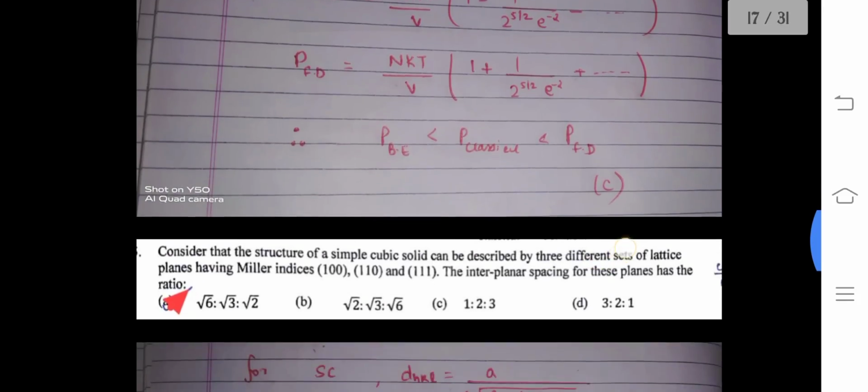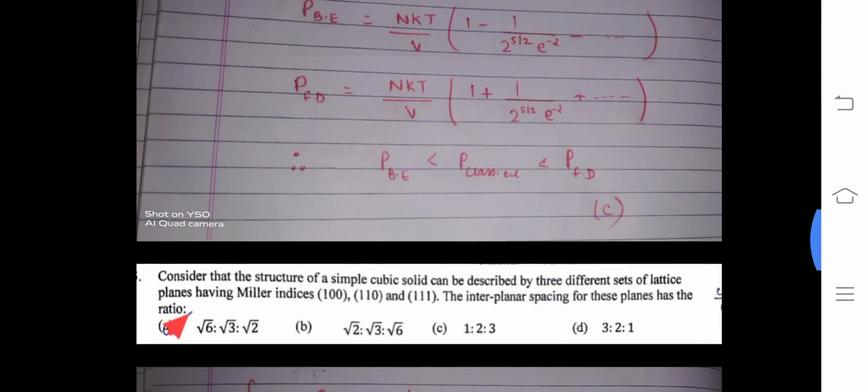We solve this type of problem in StatMech, but usually it is advised to remember this result: for classical particles the pressure is nkT by V, and for Bose-Einstein or boson particles, it will be lesser than the classical pressure. And for Fermi-Dirac, some terms are added, so fermions will have more pressure than the classical and then the bosons. So option C would be the correct answer.